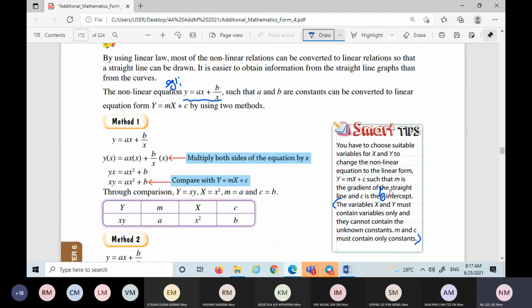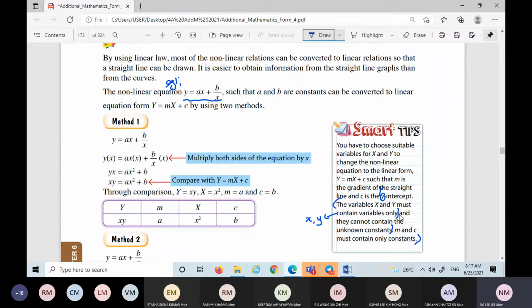Okay, the variables X and Y must contain variables only. This is very important. You can write in your notes. The capital letters X and Y must contain variables only, which are the small letters x and y. They cannot have other things, cannot have numbers, and cannot have the constants a and b, or in this case, the unknown constants.